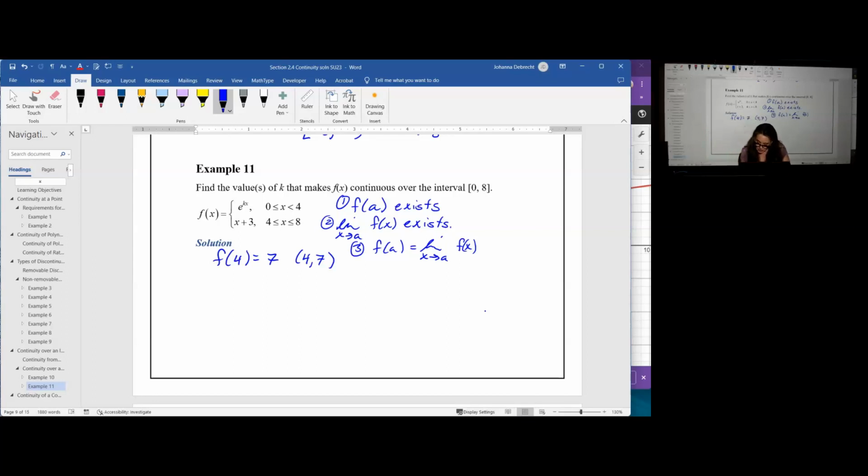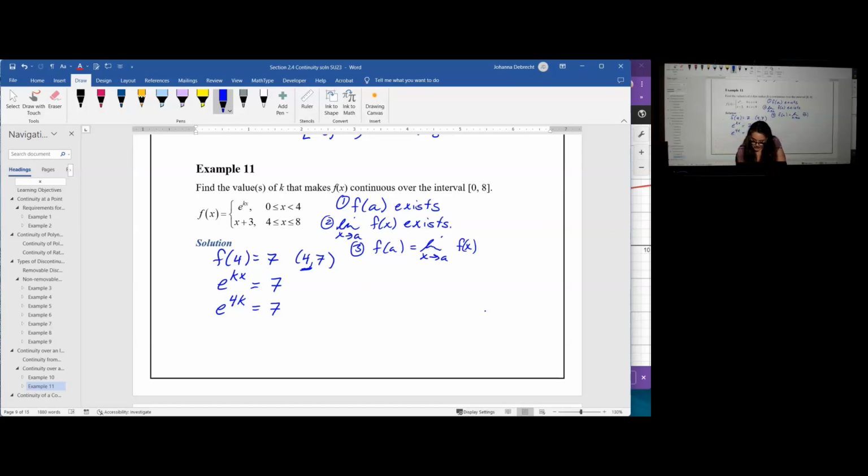So the next thing I'm going to do is write e to the kx has to equal 7. But I know what x has to be. X has to be 4. So this means e to the 4k has to equal 7. Now again, switch to logarithmic form.